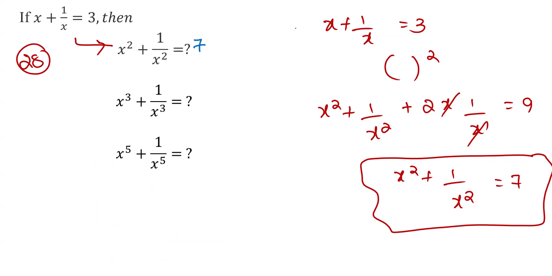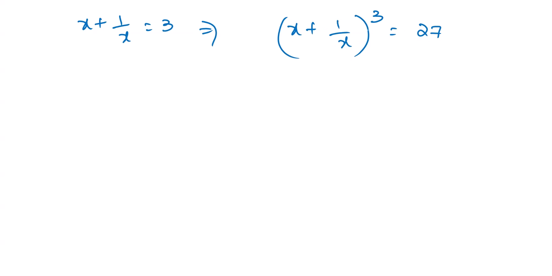Cube related one, if you try, x plus 1 upon x is equal to 3. Do whole cube on both sides. Then x plus 1 upon x whole cube is nothing but 3 cube, 27. Now a plus b whole cube can be written as a cube plus b cube plus 3ab into a plus b.